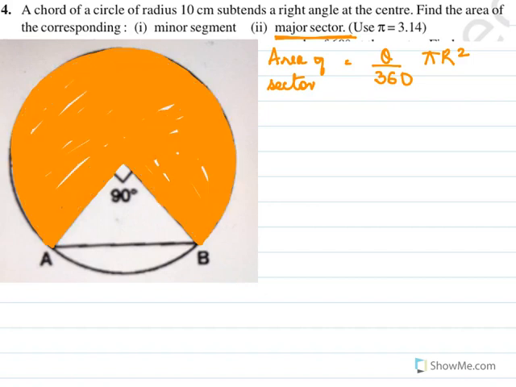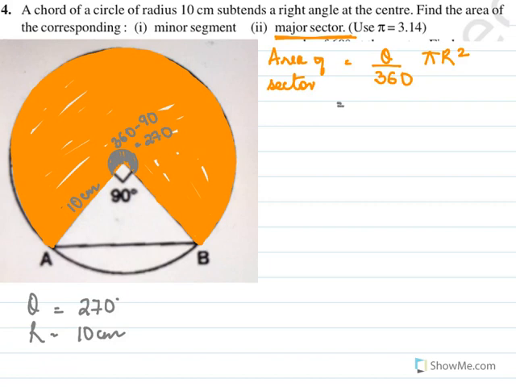To find the area of this major sector, we need to know the central angle and the radius. Now the central angle for this sector will be not 90, it will be this angle here. And this angle you will definitely agree is 360 minus 90, which is equal to 270. So the central angle is 270 degrees. The radius was given as 10 centimeter. Now we put our values.